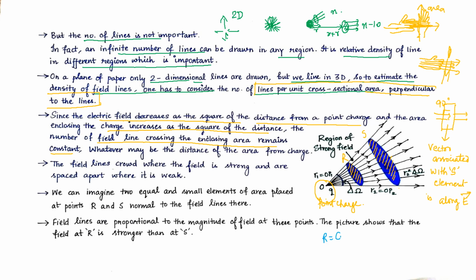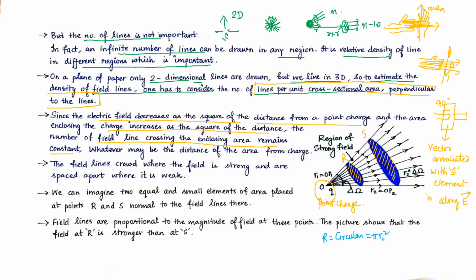How do we find the area of a circle? It is pi r square. If we find the radius of it, it will be some r1, so the area will be pi r1 square.